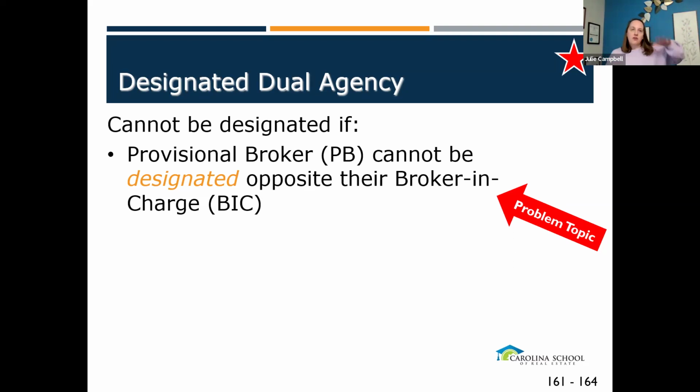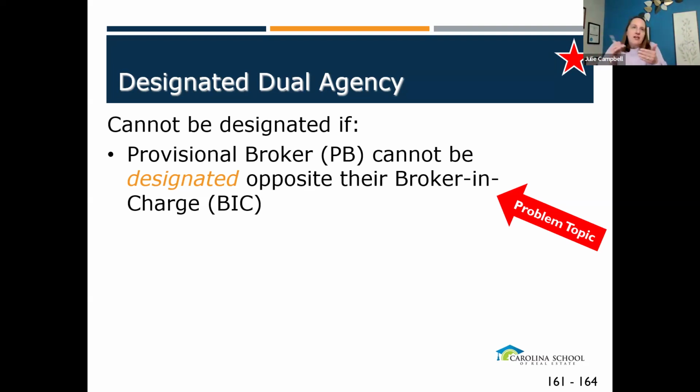As a provisional broker, as a newbie, your BIC should be in your back pocket. They're consulting you, they're preparing you for that listing appointment. They may even go with you on that listing appointment. They're helping you get ready for that buyer consultation. They're involved in your transaction because they are your training wheels. You can ride your bike, but you can't ride it without your training wheels as a provisional broker. And we'll talk more about that relationship.